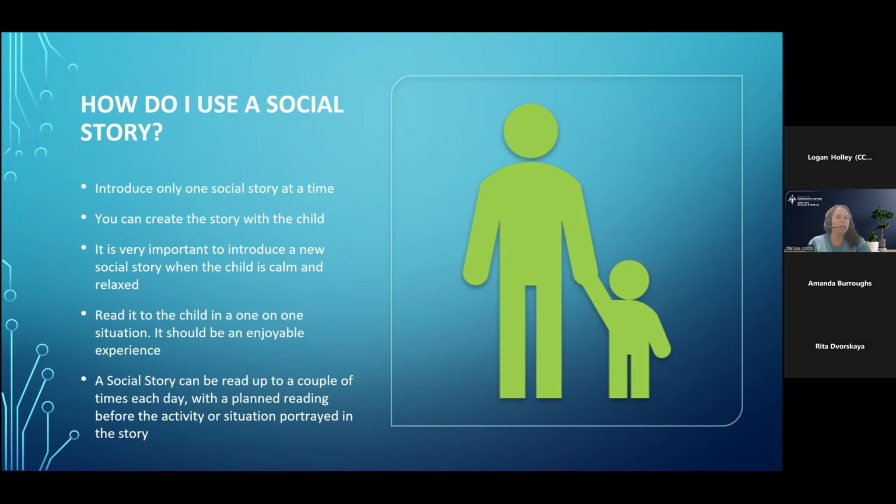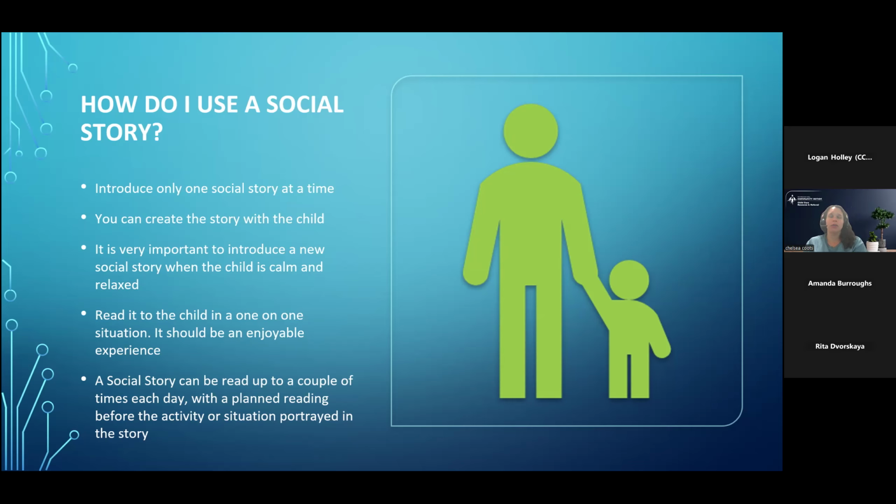It is very important to introduce a new social story when the child is calm and relaxed, right? Their brain is quieted down, their breathing is calm, we're ready to go. Read it to the child in a one-on-one situation, and it should be an enjoyable experience. Or if you feel like the whole class really needs it, that would be a good time too.